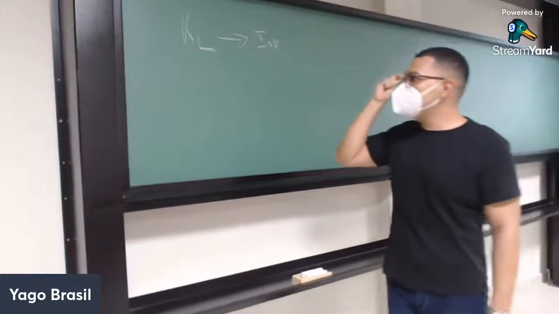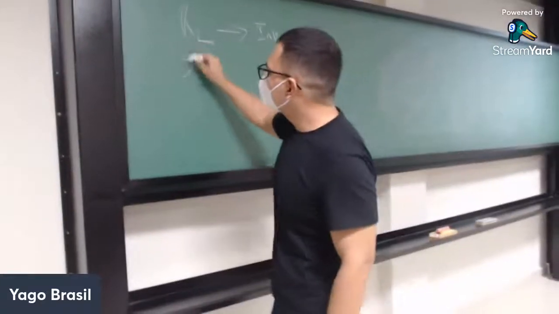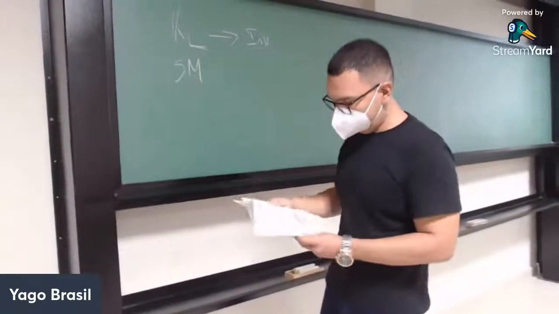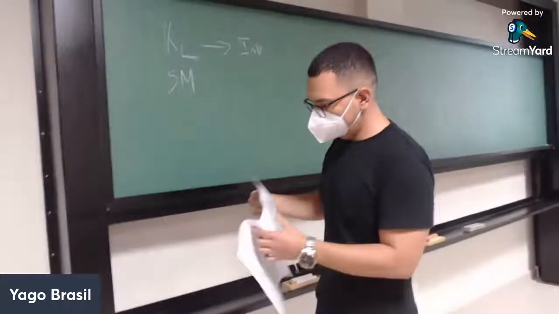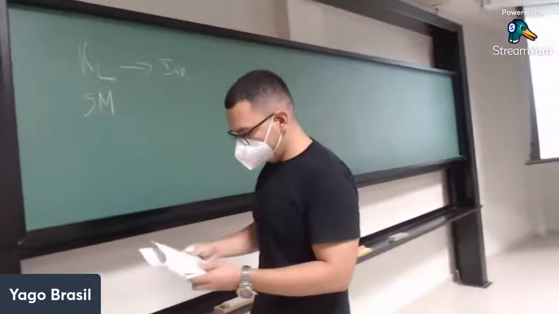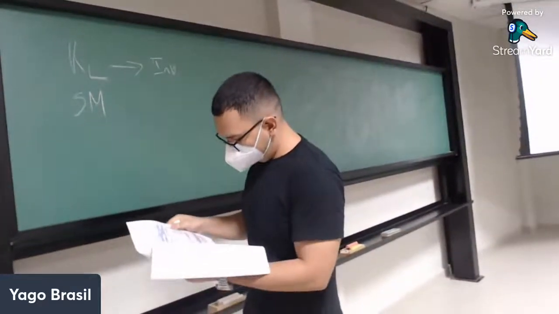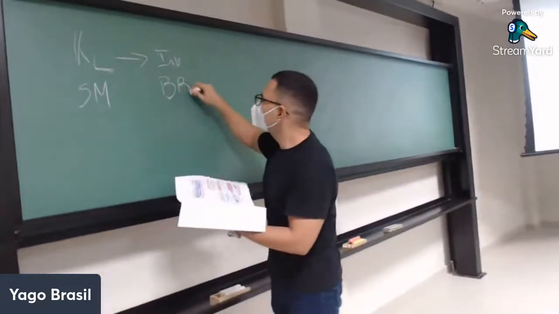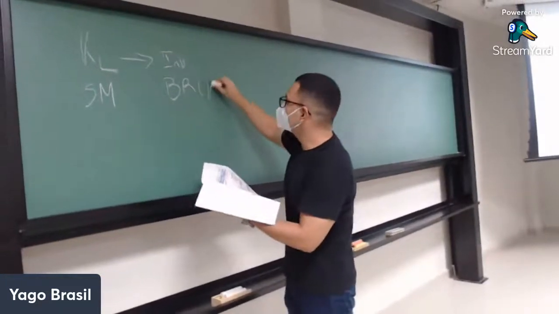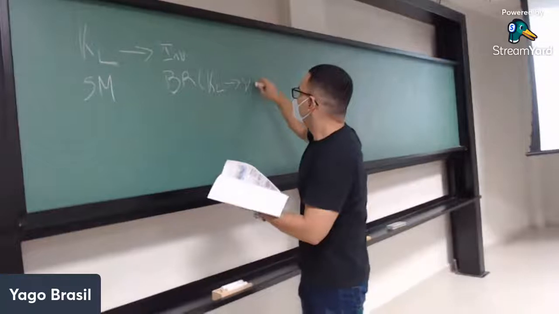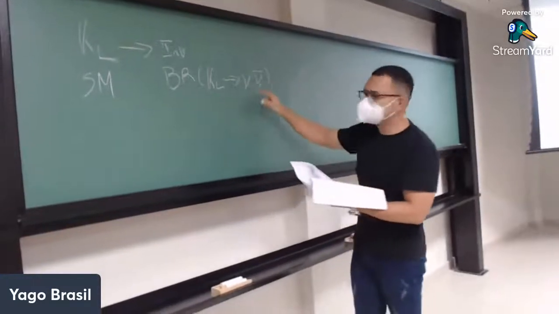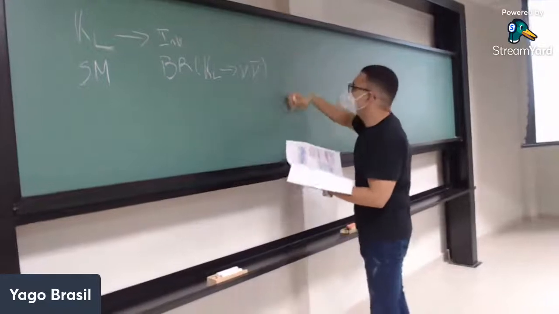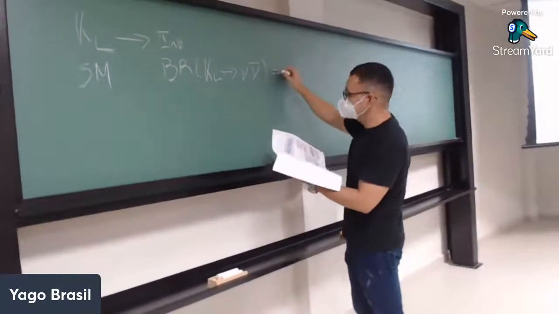But from the standard model, we have a value that you can see. In the standard model, we have the branching ratio of that invisible decay, where the neutrinos are the invisible particles of the standard model.